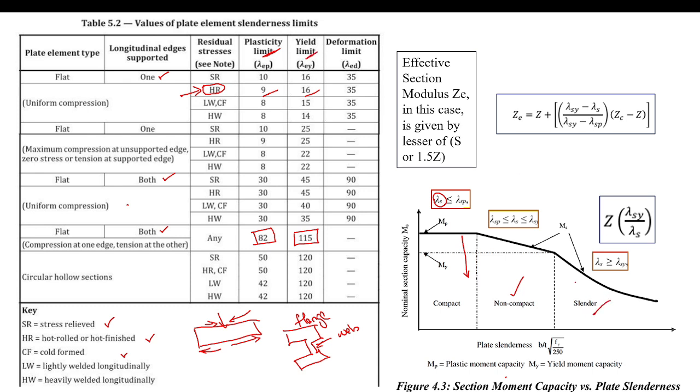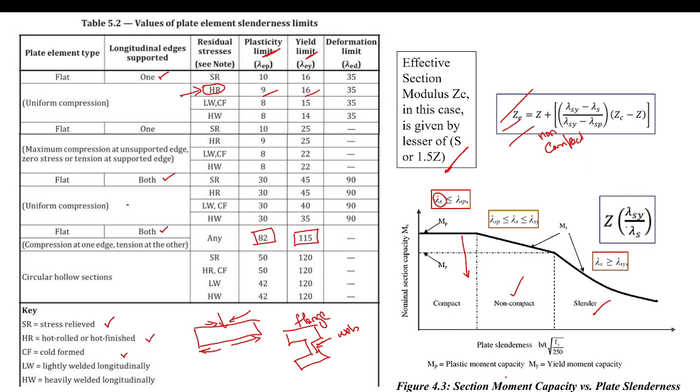section. So based on these different sections, we need to find out the effective section modulus using the formula given. If it is a compact section, then we can take the effective section modulus as S or 1.5 Z. If it is non-compact, we need to make use of this equation here to find the effective section modulus.